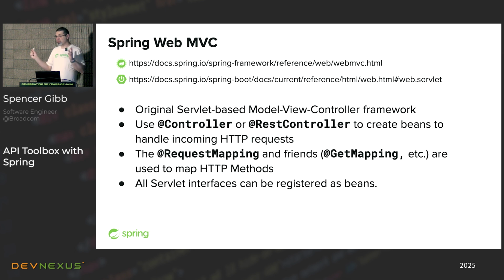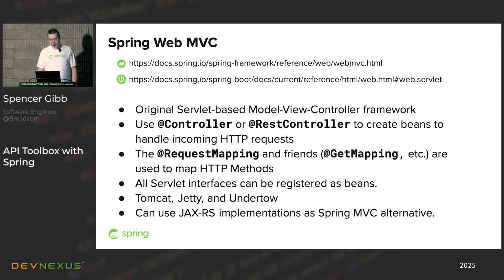But if you want to do something specific to a servlet, any servlet filters or what have you can be registered as beans. And we have support for all the typical servlet containers. If you want to use standard annotations, you can use JAX-RS as a Spring MVC alternative.